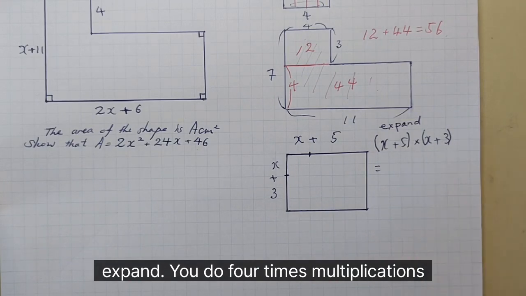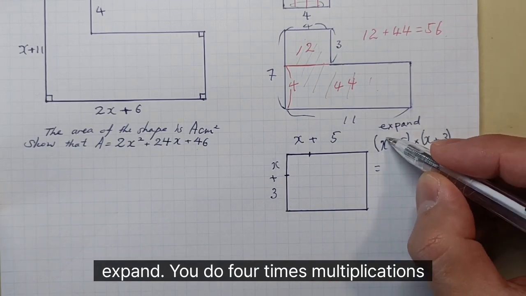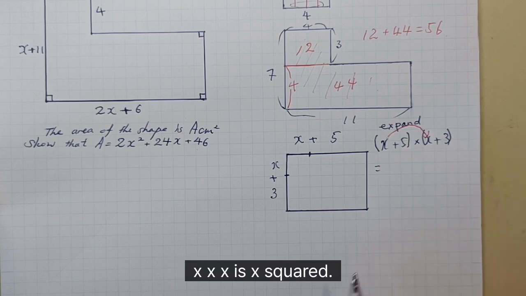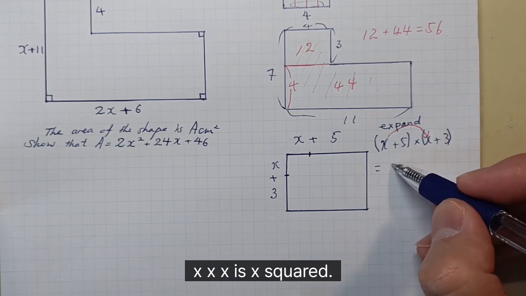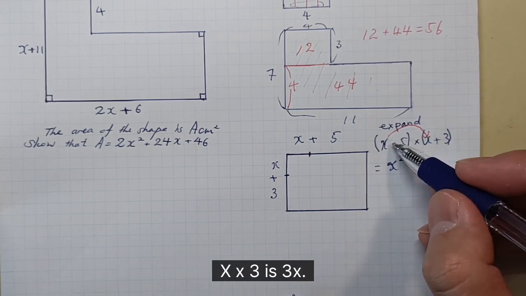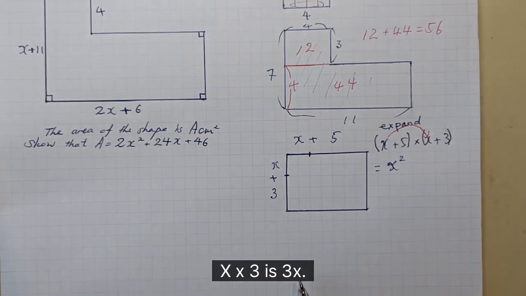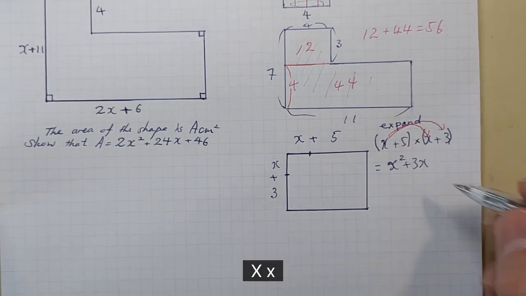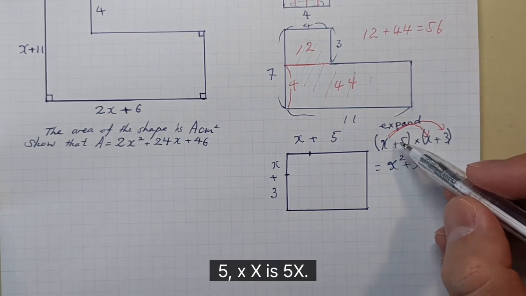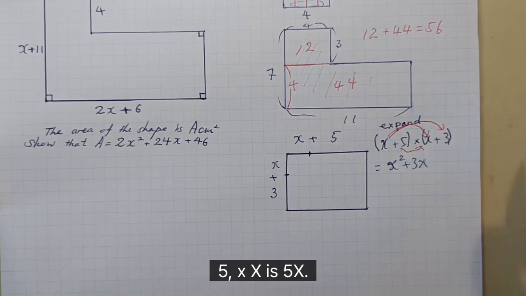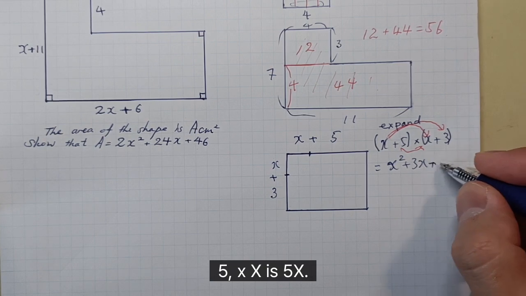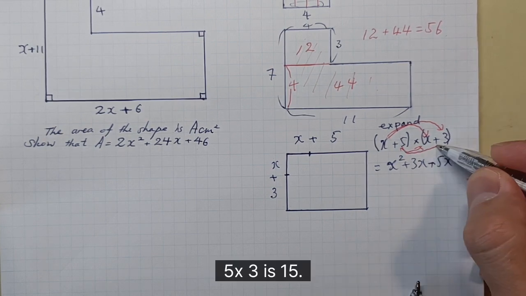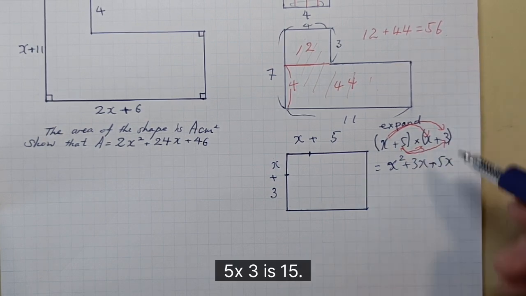You do 4 multiplications. x times x is x squared. x times 3 is 3x. 5 times x is 5x. 5 times 3 is 15.